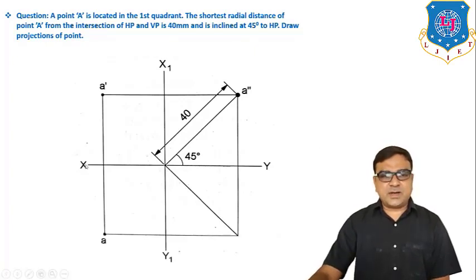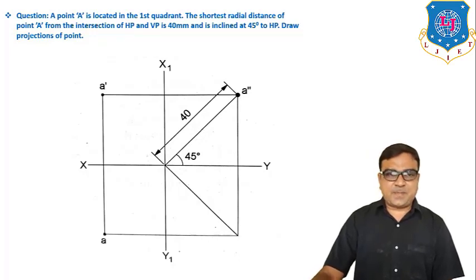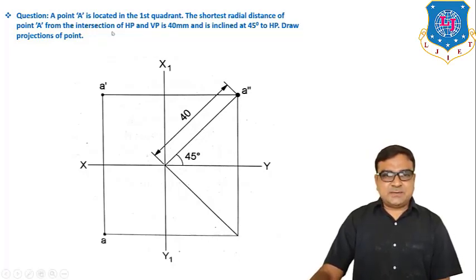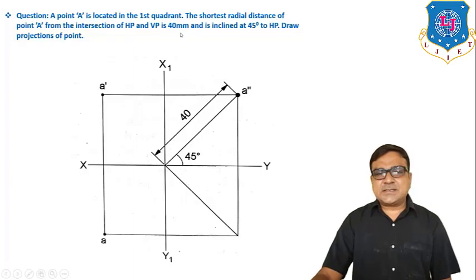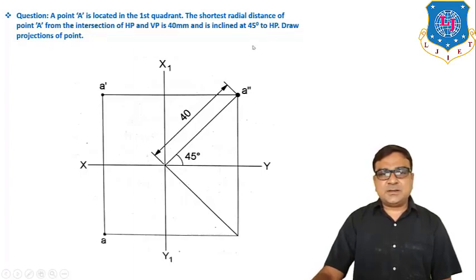First of all, draw one line XY and draw a perpendicular to XY, X1Y1. By the intersection of these two lines there is one point here. From this point to the side view, this line is known as the shortest radial distance. It is given as 40 mm. So take a 40 mm line, inclined 45 degrees to HP. For the side view, this line is the horizontal plane and this is the vertical plane.